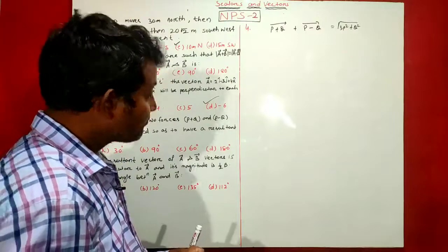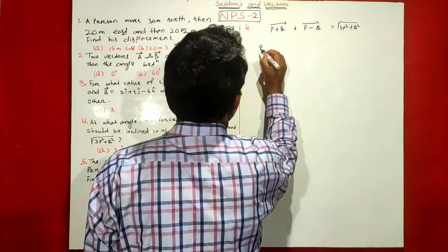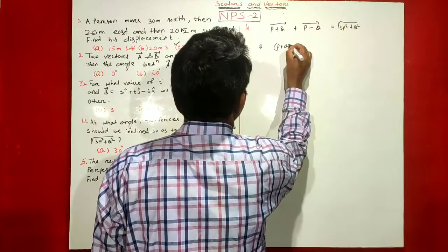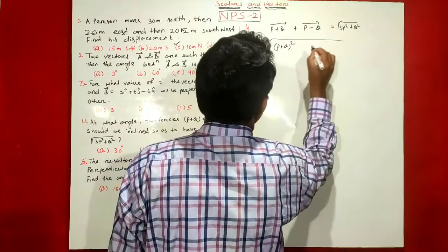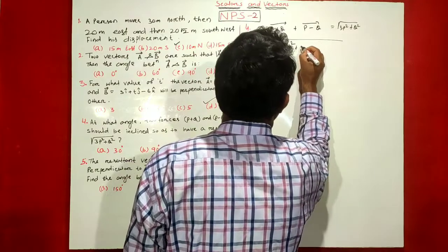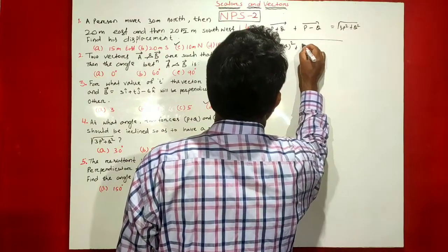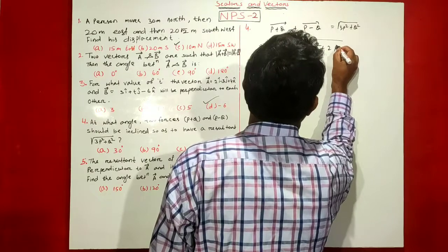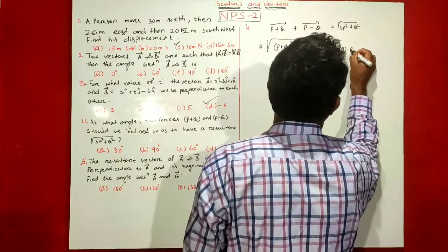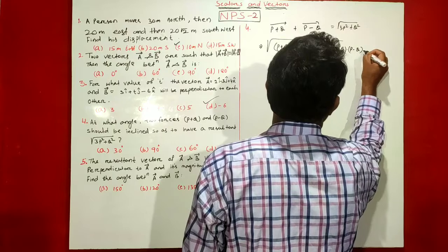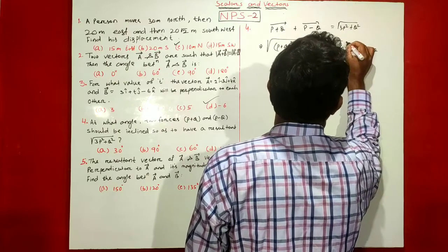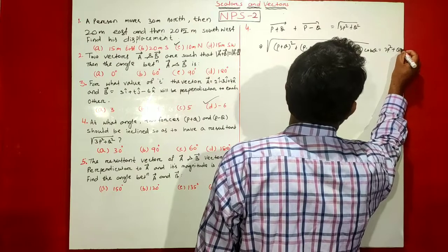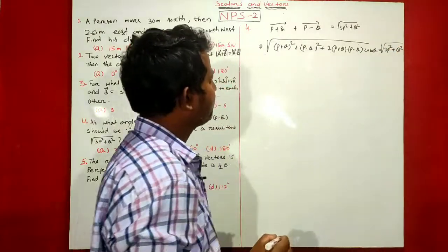By using the formula, we find that under root of P plus Q whole square plus P minus Q whole square plus 2 into P plus Q whole into P minus Q cos theta is equal to under root of 3p square plus Q square.